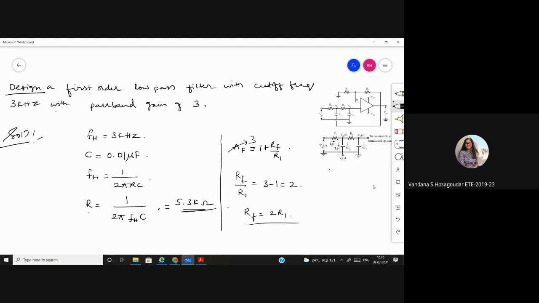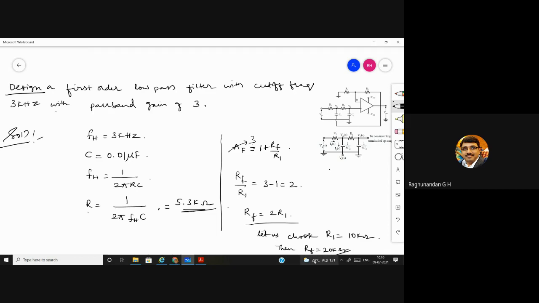It will add gain, sir. It will add gain, right? So let us choose R1 is equal to 10 kilo ohm. Then RF will be equal to 20 kilo ohm.